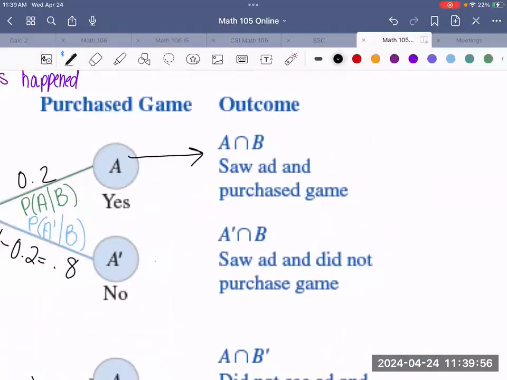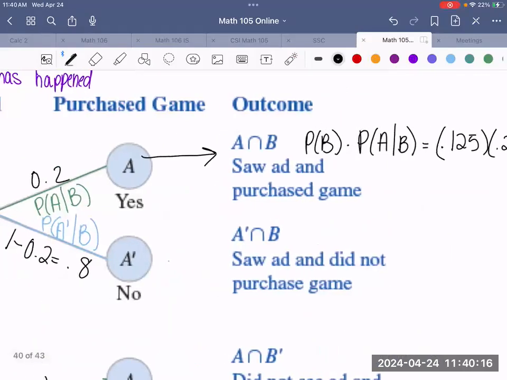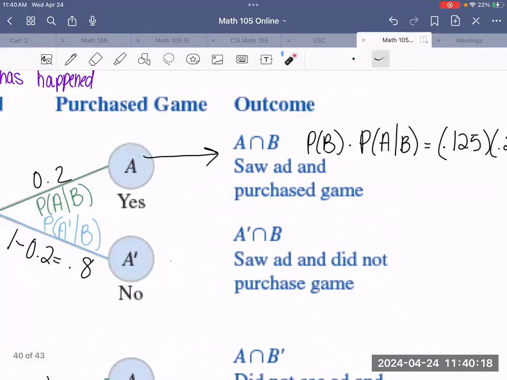The probability of B times the probability of A given B. 0.125 times 0.2 is 0.025. Let's do it again.